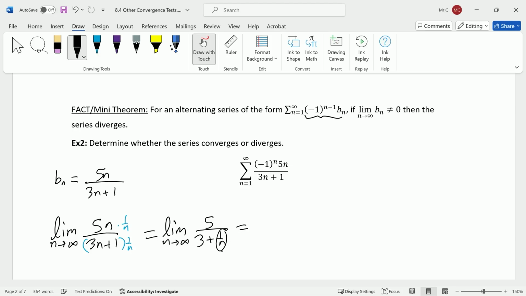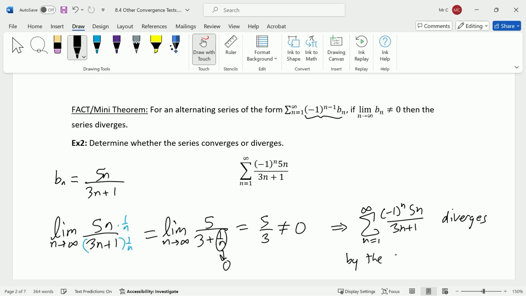And this 1 over n term goes to 0, so I get left with 5/3. 5/3 is obviously not 0, so this implies the series diverges by the test for divergence.